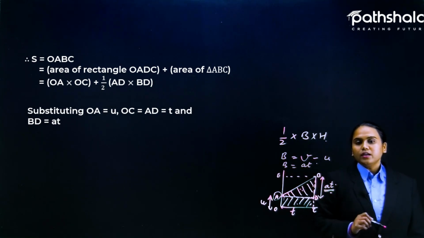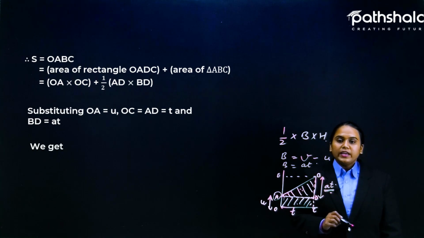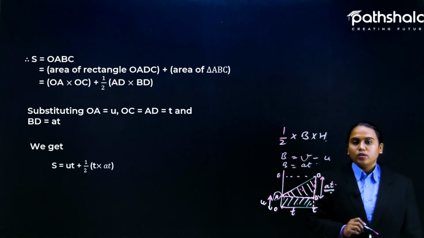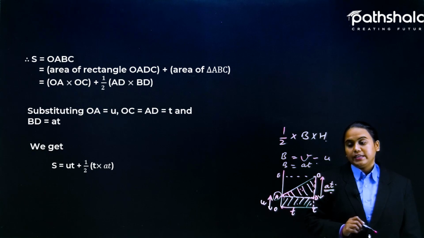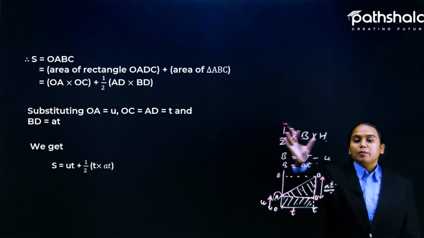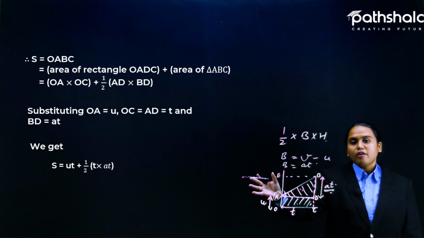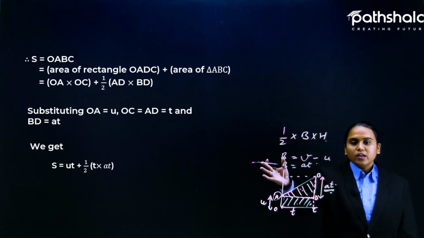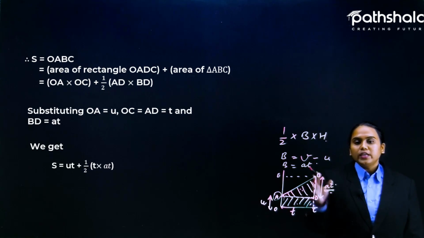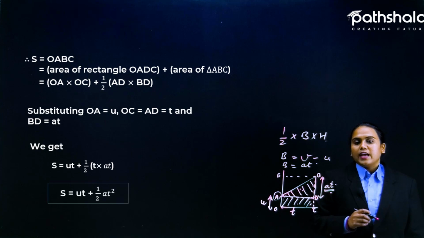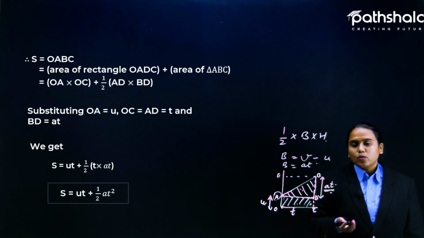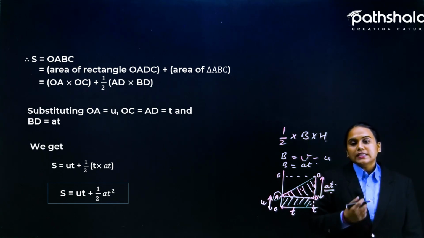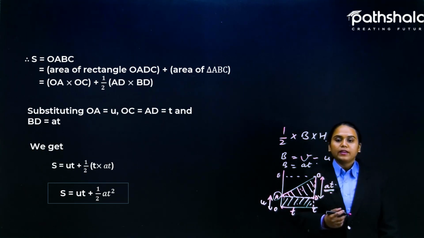Right, so here we get S is equal to ut plus half at squared, substituting the area of the rectangle and the area of the triangle. So your final equation for the position-time relation will be S = ut + half at squared.